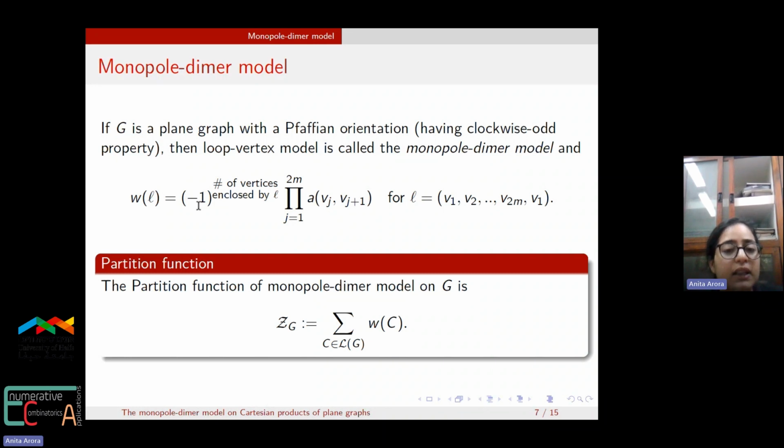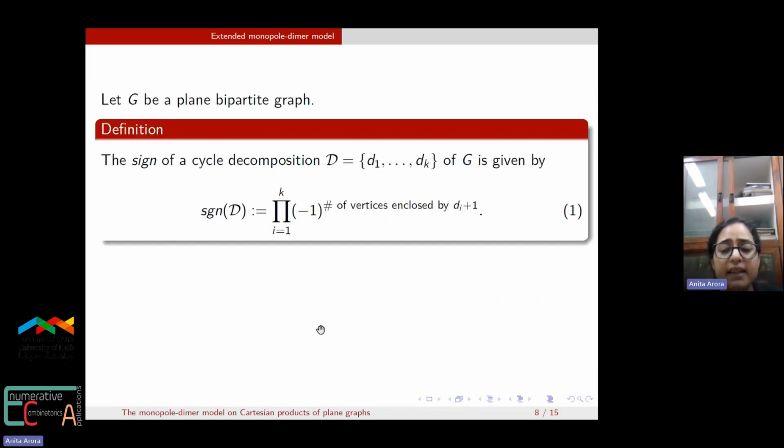And it has been shown that the partition function in this case again turns out to be the determinant of a matrix, and hence the determinant becomes independent of the orientation.